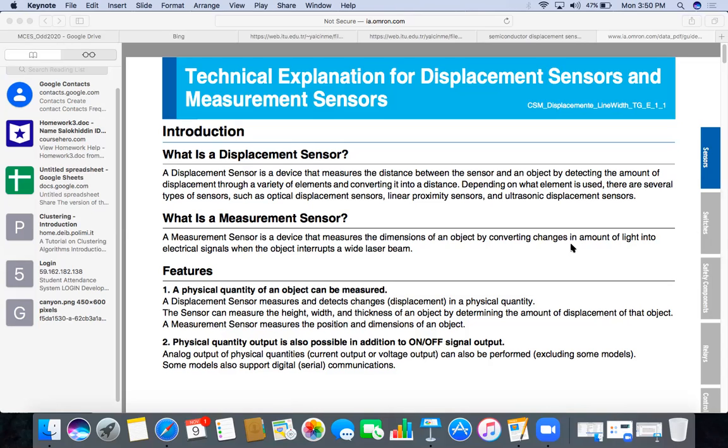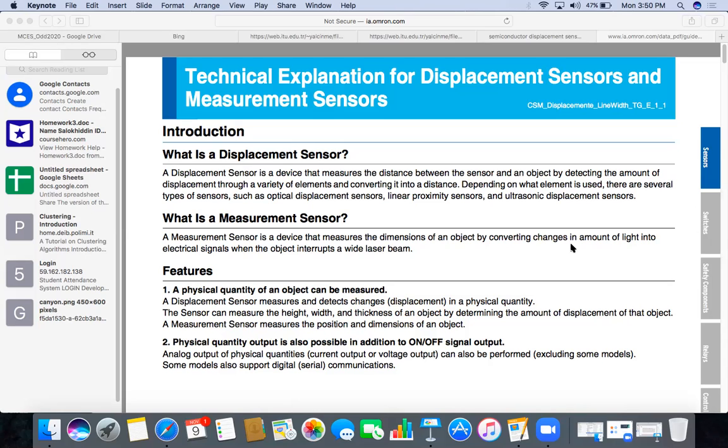Features. A physical quantity of an object can be measured. A displacement sensor measures and detects changes in a physical quantity. The sensor can measure the height, width, thickness of an object by determining the amount of displacement of that object. A measurement sensor measures the position and dimension of an object.